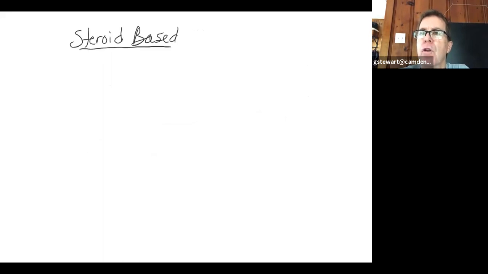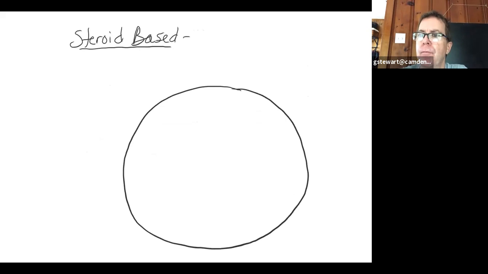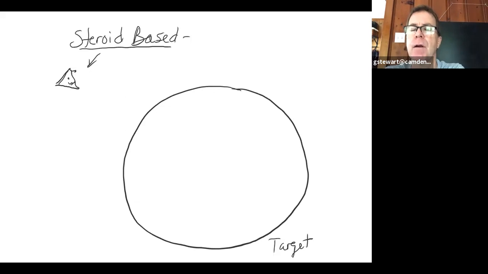So this is steroid-based activity of the hormone when it binds at the target cell. So let's draw a new target cell. Here's our steroid hormone out here. Let's make it a different shape. Triangular shape. Now, this lipid-based, cholesterol-based hormone still has to travel throughout the bloodstream in order to find its target site.